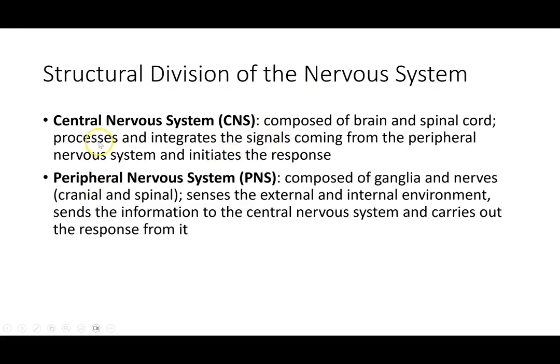This is where we are processing and integrating the signals coming in from the rest of the nervous system and triggering responses to that information. And then the peripheral nervous system, or PNS, is made up of the ganglia and nerves that are outside of the brain and spinal cord, and they are going to be sensing our external and internal environment, sending that information into the central nervous system, and then initiating or carrying out those responses that are received from the central nervous system.